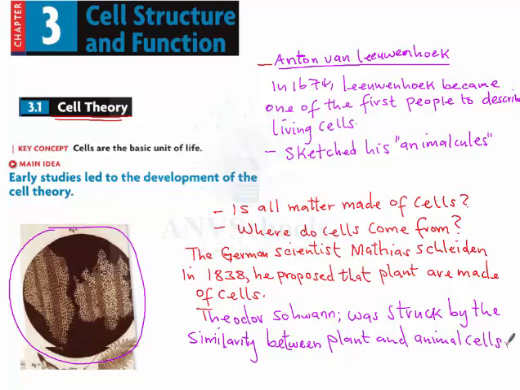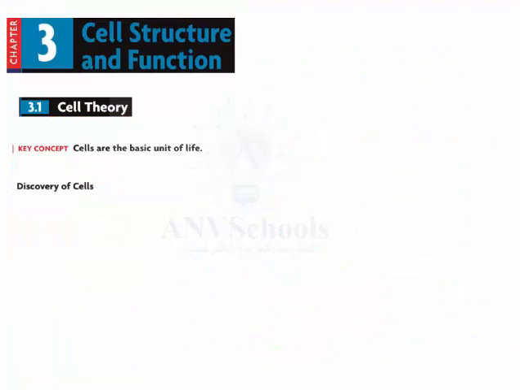To him, this was something very unique, and not only him, even up to now, it is something that still amazes people. How come plant and animal cells almost look the same, or have the same parts? So Theodor Schwann, after this, concluded that all animals are made of cells.